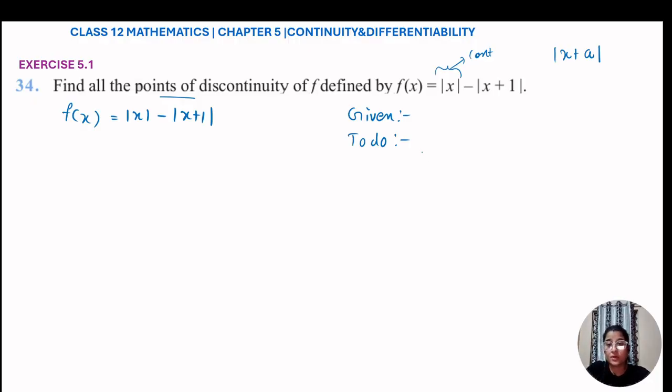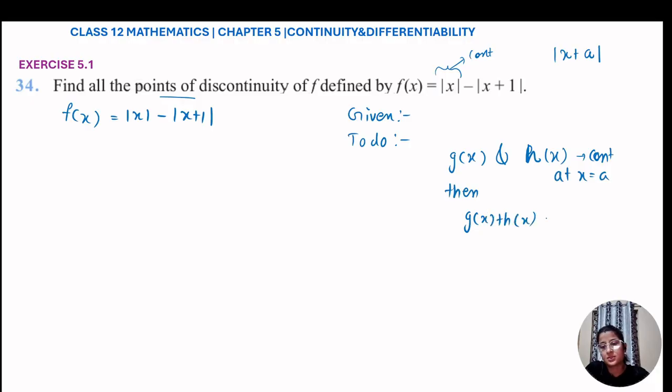The algebra of continuity we are going to use here is: if g of x and h of x are functions that are continuous at x equals a, then g of x plus h of x is also continuous at x equals a.